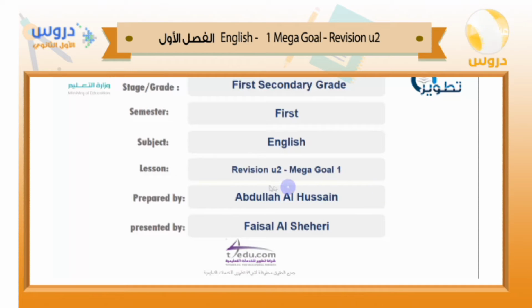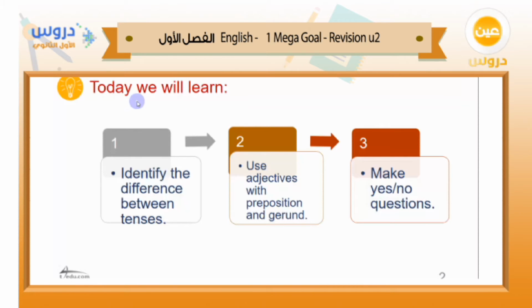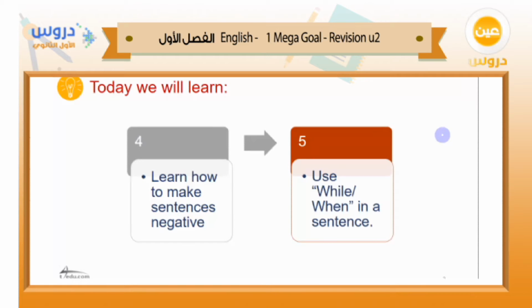The name of that lesson is Revision Unit 2 and the name of the course is Mega Goal 1. We are in first semester and the lesson is mainly for first secondary grade. What we will learn today: number 1, identify the difference between tenses; number 2, use adjectives with a preposition and gerund; and the third objective, make yes/no questions.